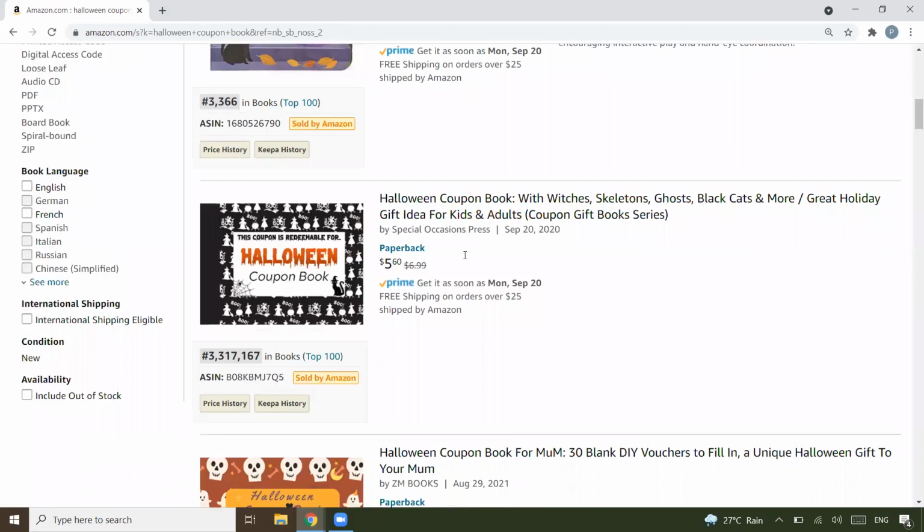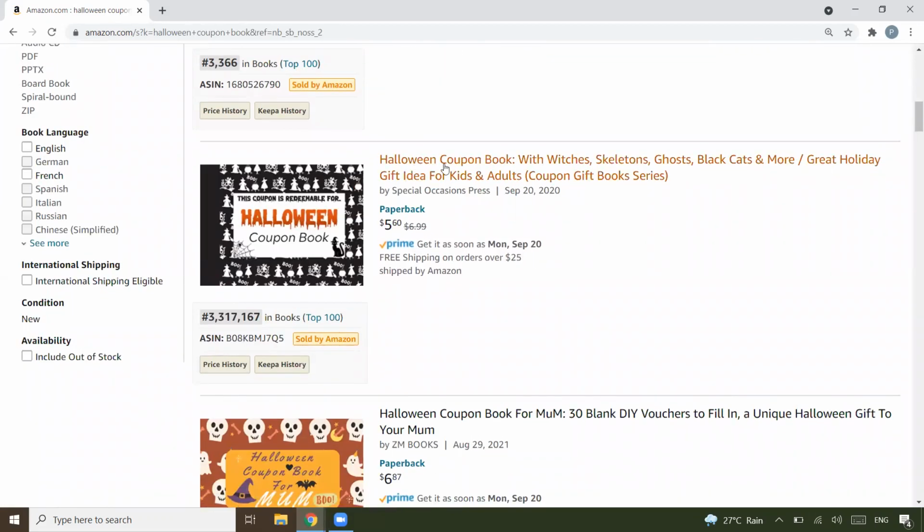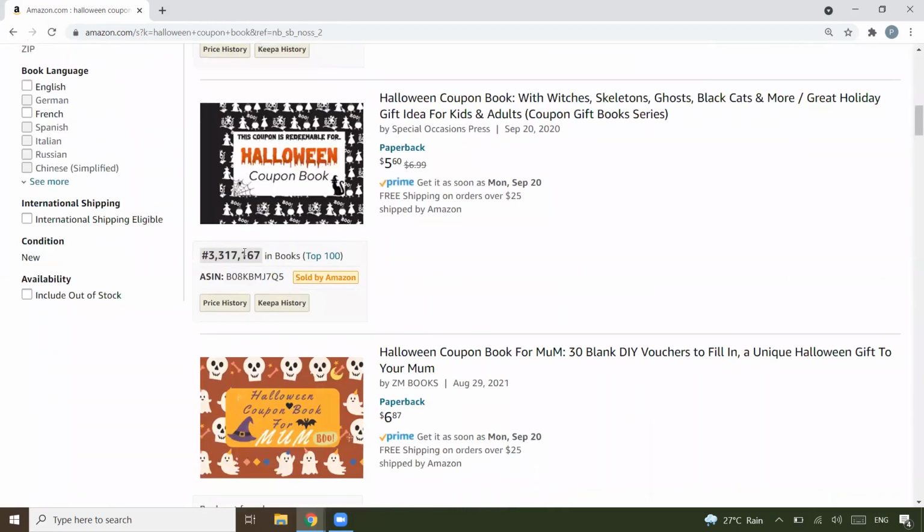Let's take a look at the results that are explicitly related to the keyword we searched for, Halloween coupon book. This book seems to have been published in September 20, so last year. And see, there is a BSR. So probably this book would have got the sales during the Halloween season last year.